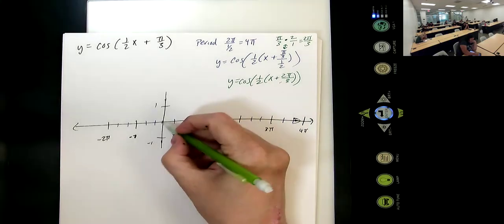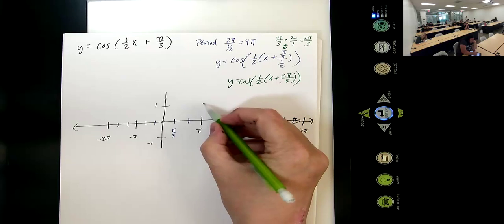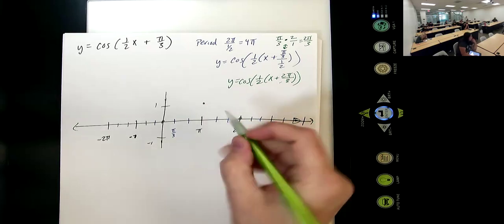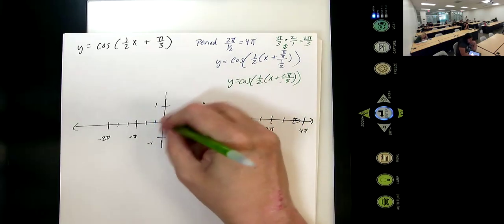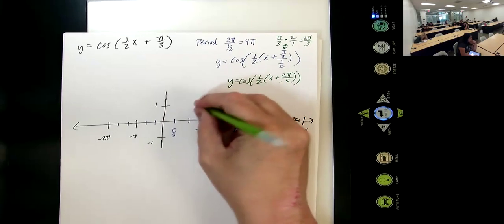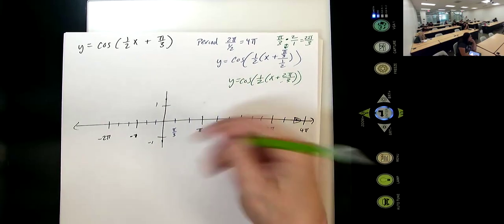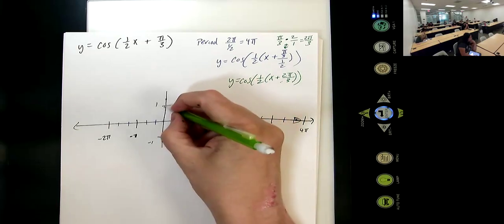And I will pencil in the base graph. Oh, cosine is not that one, I just did sine. Cosine starts at 1 and it goes downward.